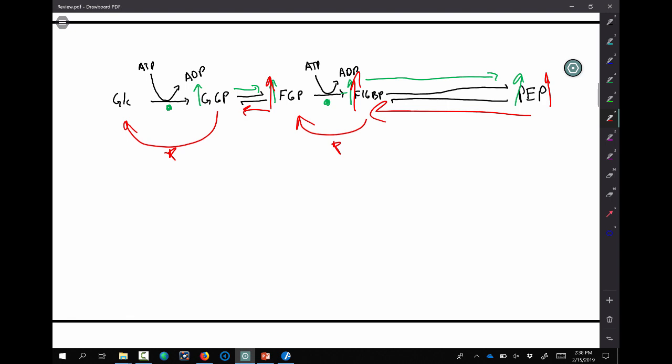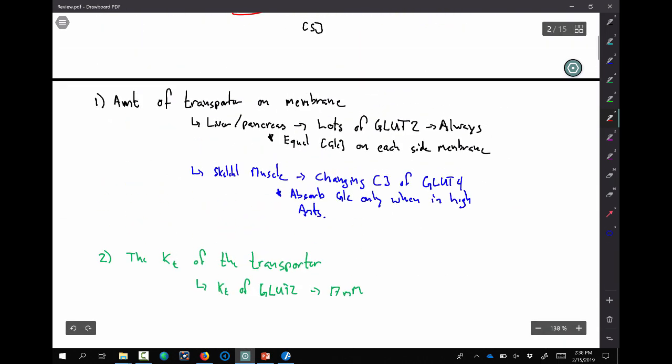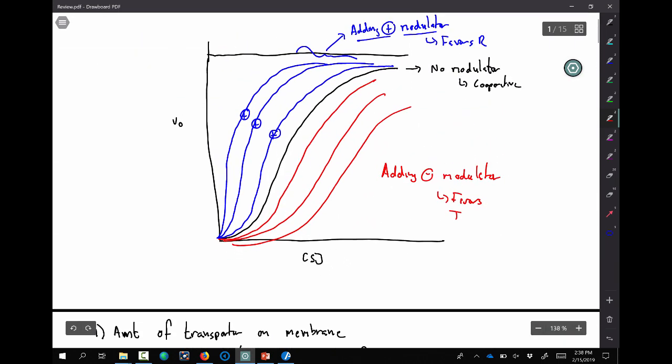Can you briefly go over the Hill coefficient? Yeah, okay, so the Hill coefficient, this is actually going back to our original question here, cooperativity. The Hill coefficient is something that we use to define the level of cooperativity.